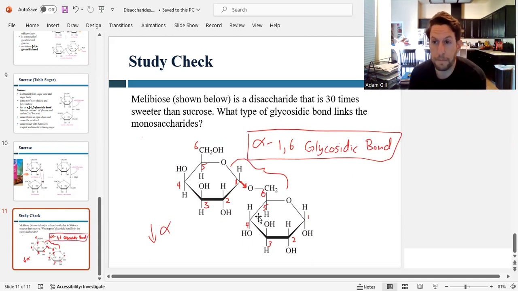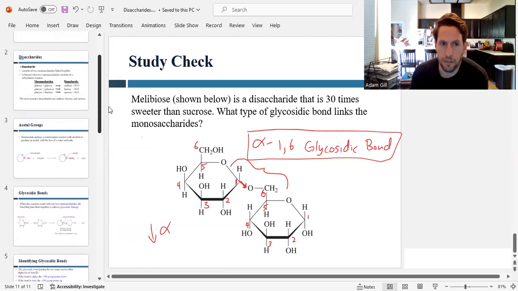So once again, to determine the type of glycosidic bond, number the carbons in each ring, figure out which numbered carbons are connecting together. In this case, it was carbon 1 to carbon 6. And for carbon number 1, because that's the anomeric position, we have to specify whether it's alpha or beta. And in this case, it was down, which was alpha. So it's an alpha 1,6 glycosidic bond.